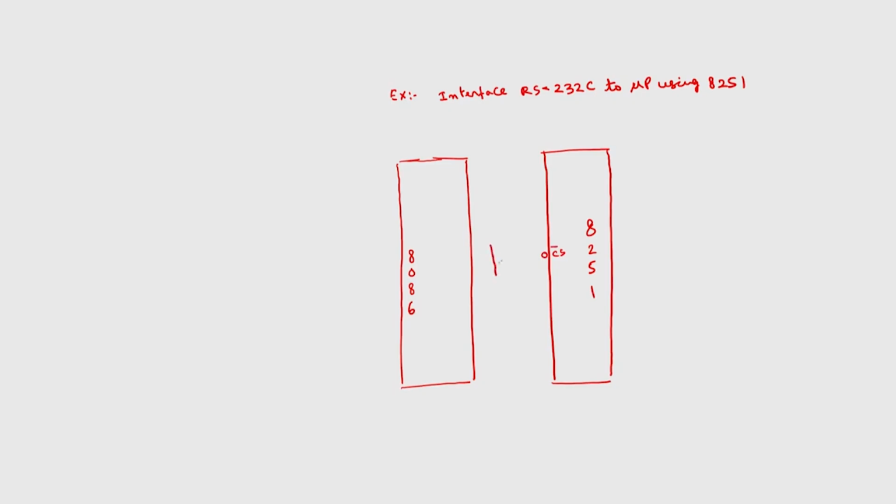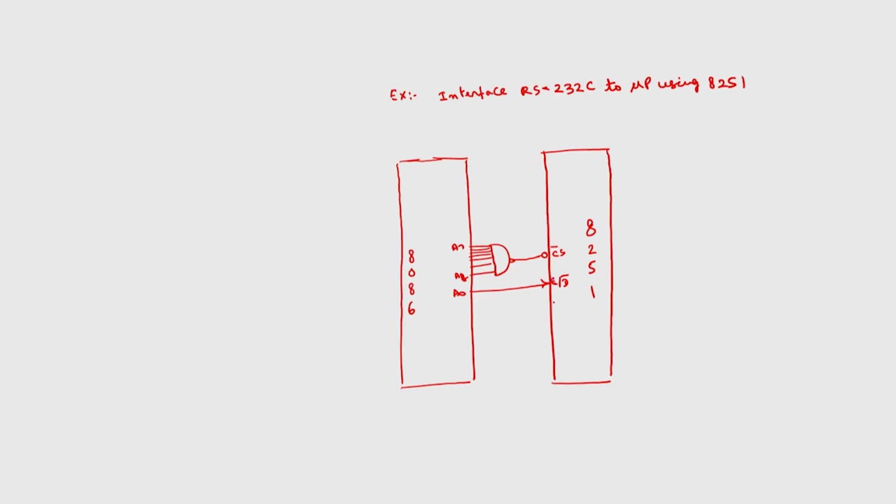I am going to use an AND gate whose inputs I will connect to A1 to A7, totally 7 signals. A0 I will connect to C by D bar of 8251.